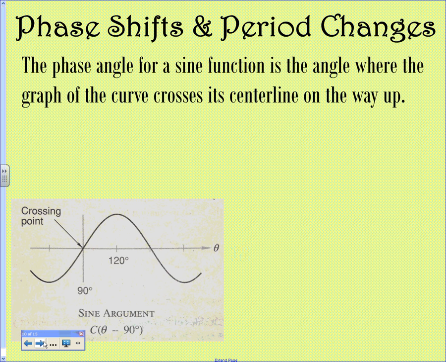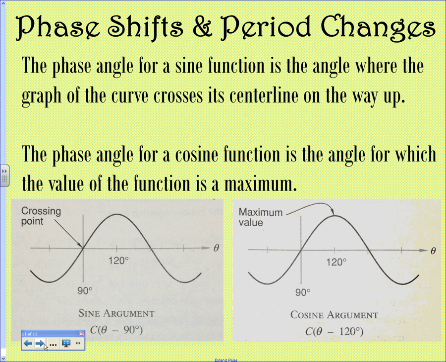Okay, so a little bit more review on sinusoids. The phase angle for a sine function is the angle where the graph is going up. So this would be whatever our number is. We don't know how often it's repeating, but the angle minus 90 degrees. Do you remember that? And then for cosine, it's at a maximum.